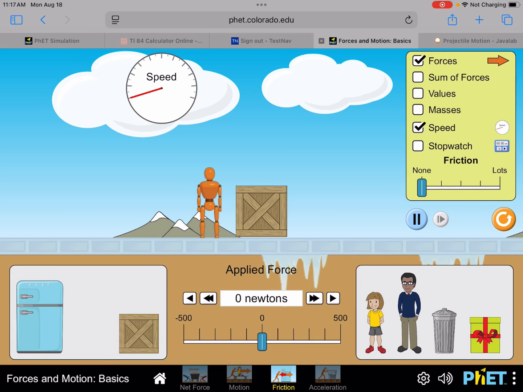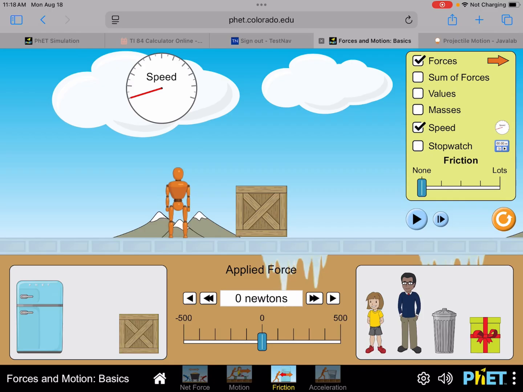If I apply a force of 50 newtons, right now there's no friction, so we know that it will accelerate. And sure enough, its velocity is changing. It's not accelerating super quickly, but it definitely is accelerating. Now let's try this again with a larger net force. So our box is getting faster and faster and faster. Let's do it again with an even larger net force.